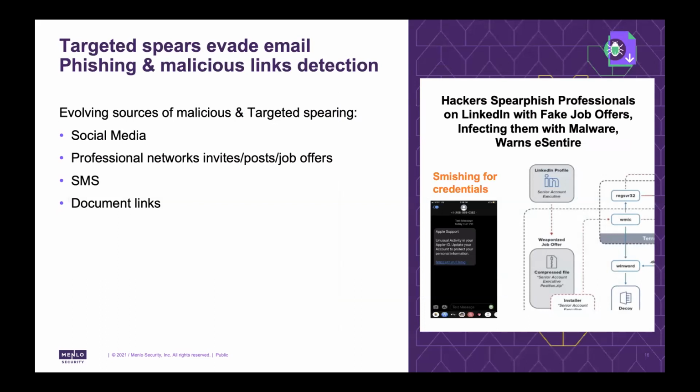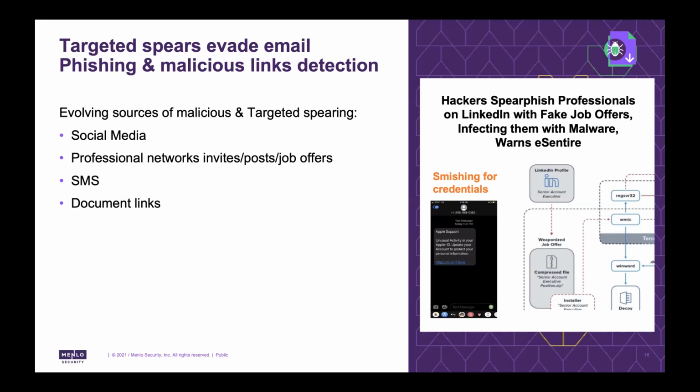Another technique that I referred to is the targeted spear phishing that evades email. I don't know about a lot of the viewers on this webinar, but I receive a ton of SMS messages that have links associated with, hey, your cell phone bill has been paid, click here for your prize, or maybe shipping notifications that I never ordered, a variety of things that would try to dupe me into clicking this link on my smartphone.